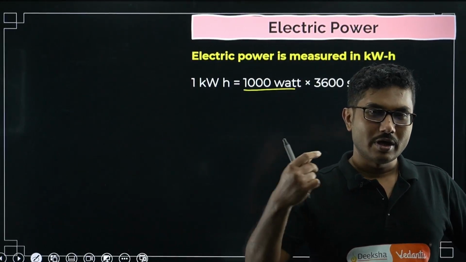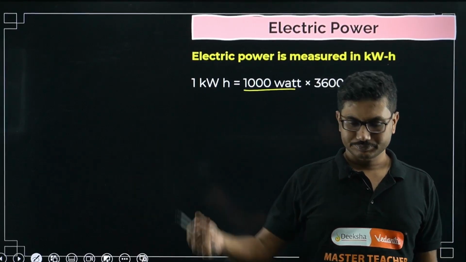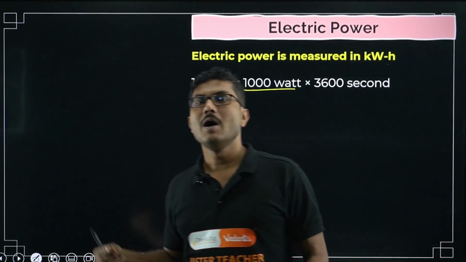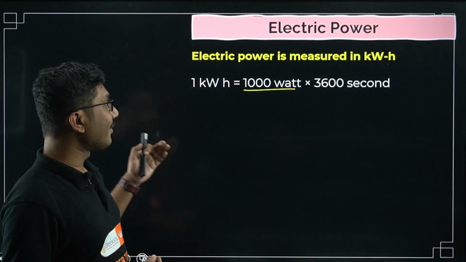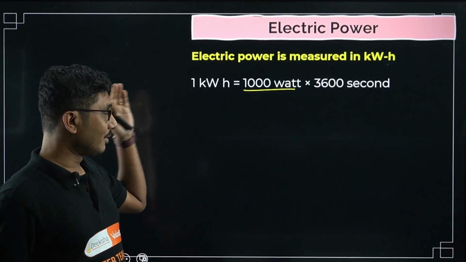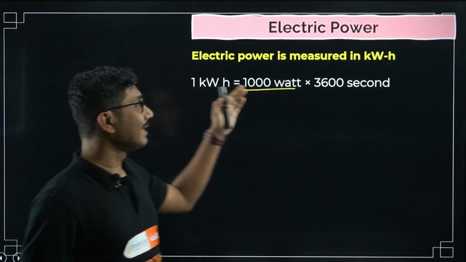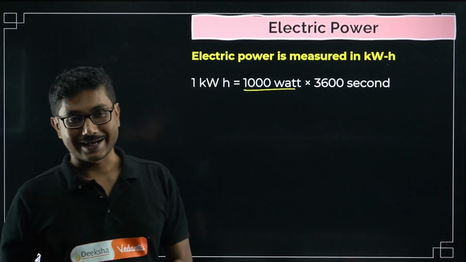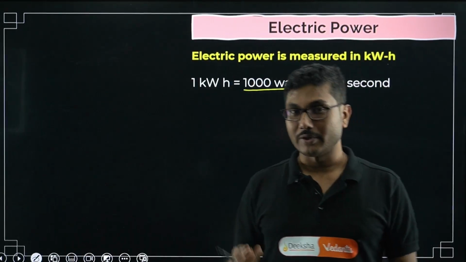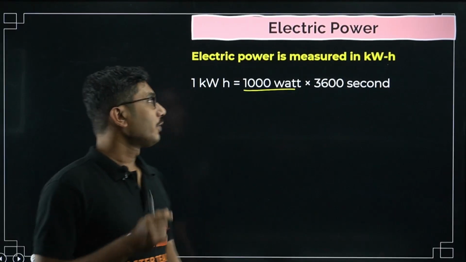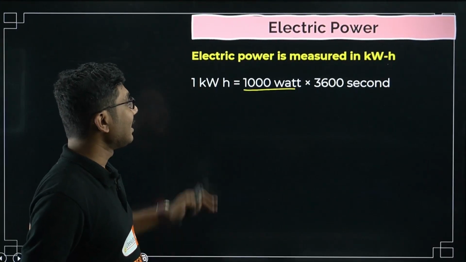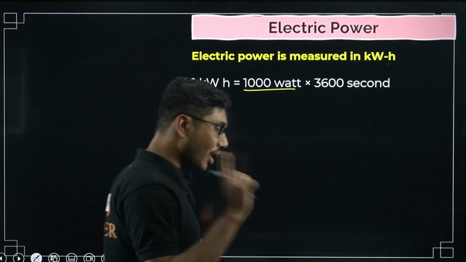You can check your fridge, your AC, your TV as well. The power rating is basically 1000 watt for 1 kilowatt, and 3600 is the seconds in an hour. How much energy it consumes if you run that device for 1 hour is mentioned in the label. So 1000 watt times 3600 seconds is 1 kilowatt hour, and that is 1 unit.